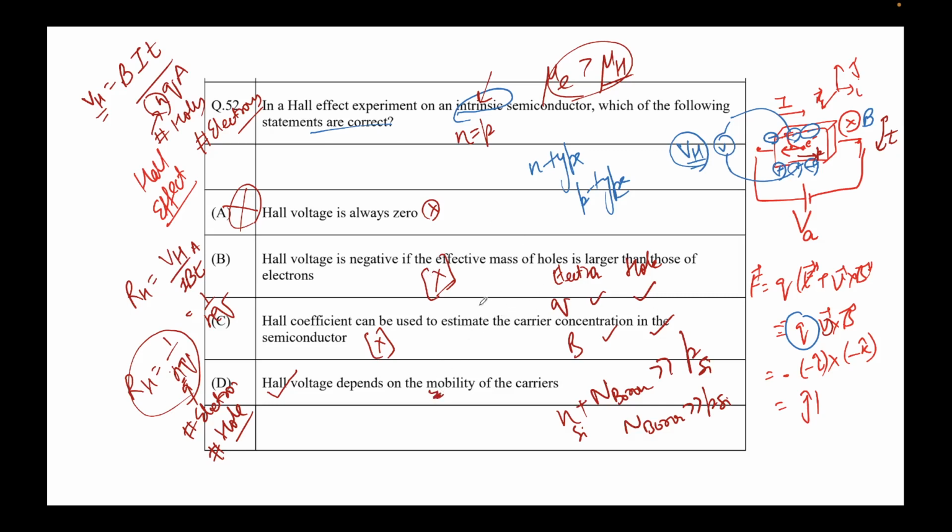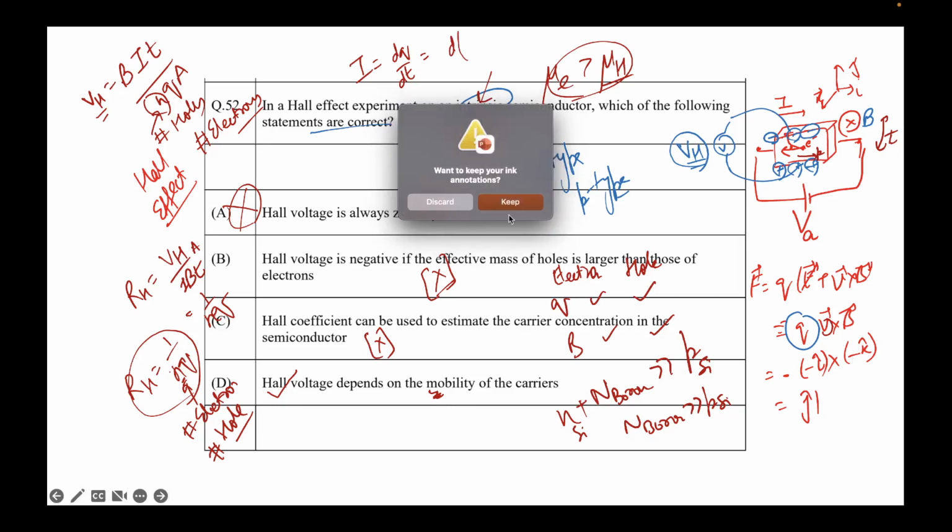Okay, so what's happening is that the current I, let me recall, current I is your dq over dt. Okay, am I correct? Yes. Let me add a slide.